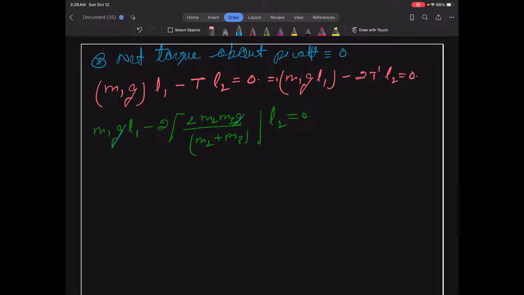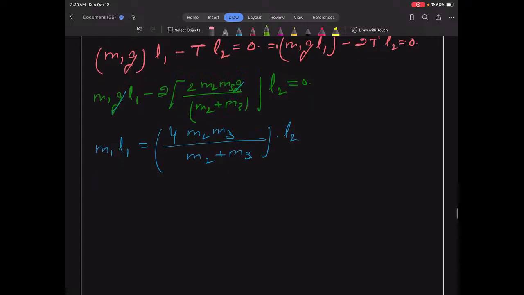Therefore, we get from here that our M1 L1 is equal to, this will be over, 4 M2 M3 over M2 plus M3 times L2. And we can just further solve it, otherwise we got the answer.